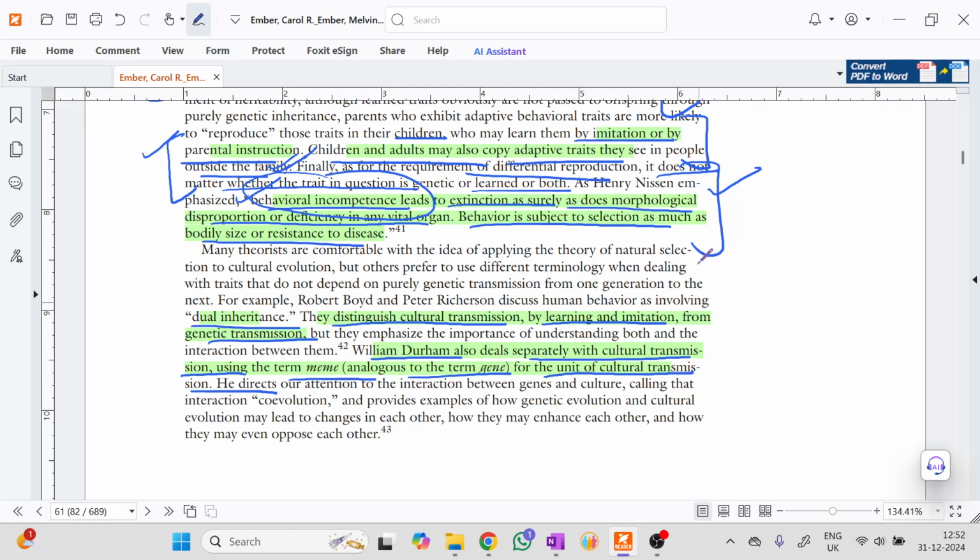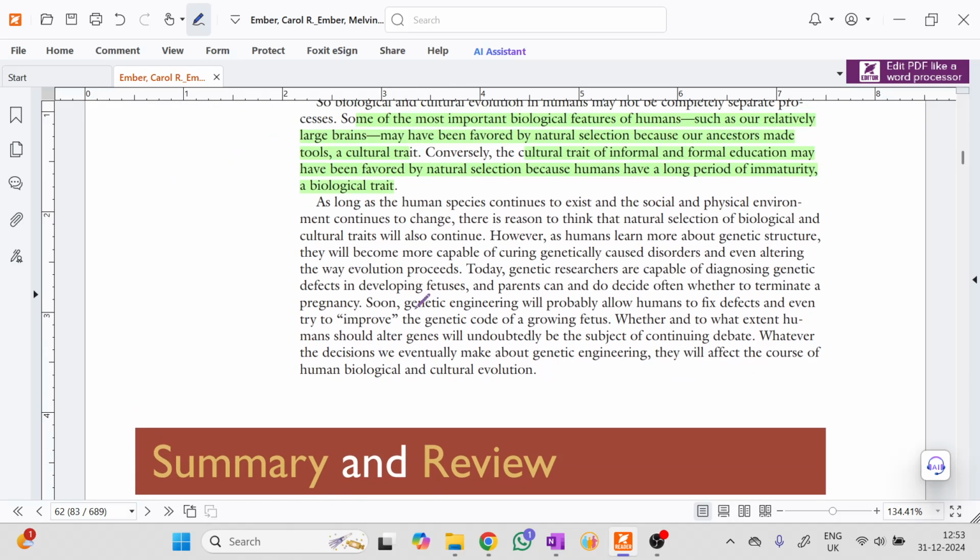The basic idea is that human beings inherit both genes and cultural elements, and both are transmitted down the generations. Genes, which are the basic unit of biological traits, are transmitted along with memes, which form the unit of cultural transmission.